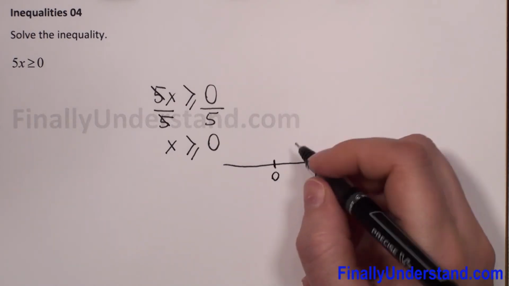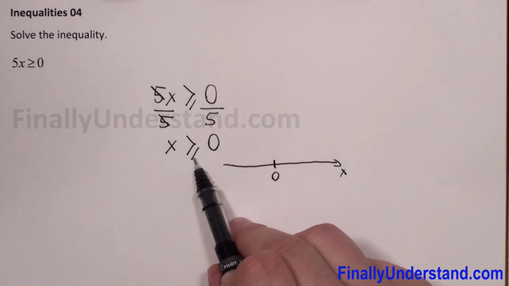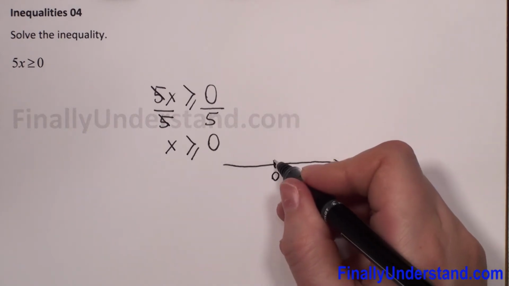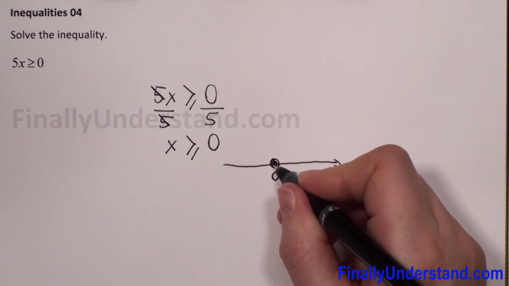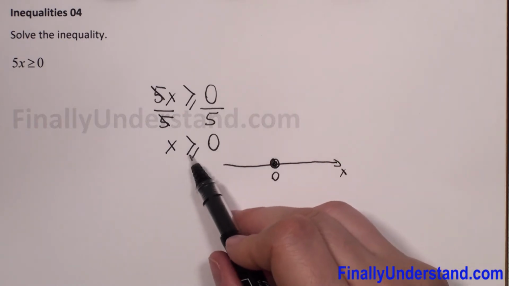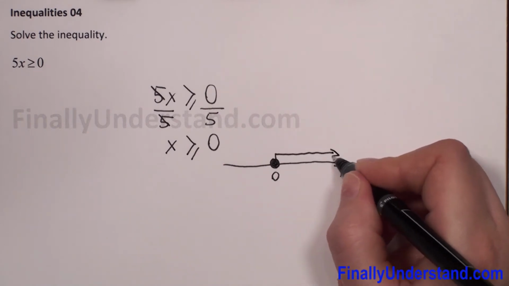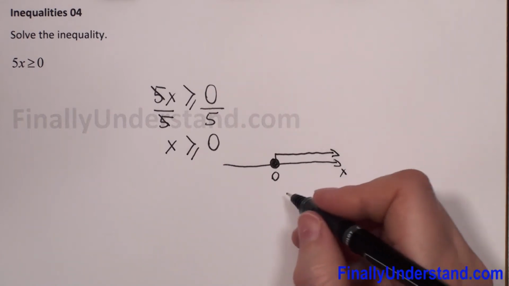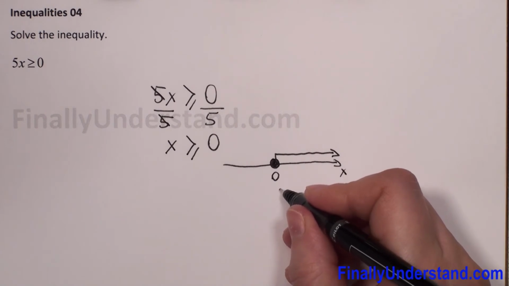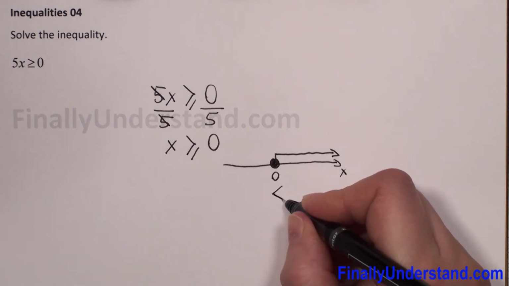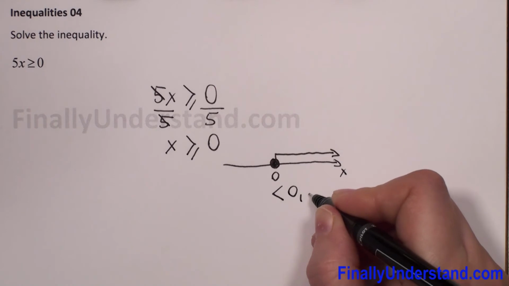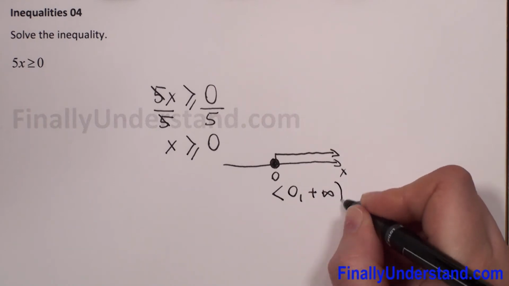I have 0, and because I have the sign greater than or equal to, it means 0 is included, and because I have the sign greater than, it means going to the right side to positive infinity, and we have the interval, the left side will be closed, 0 to positive infinity.